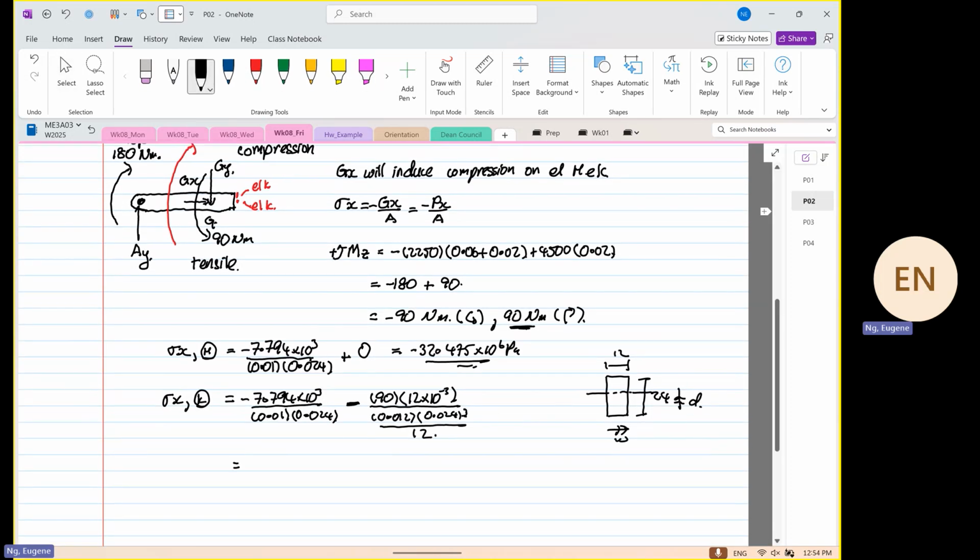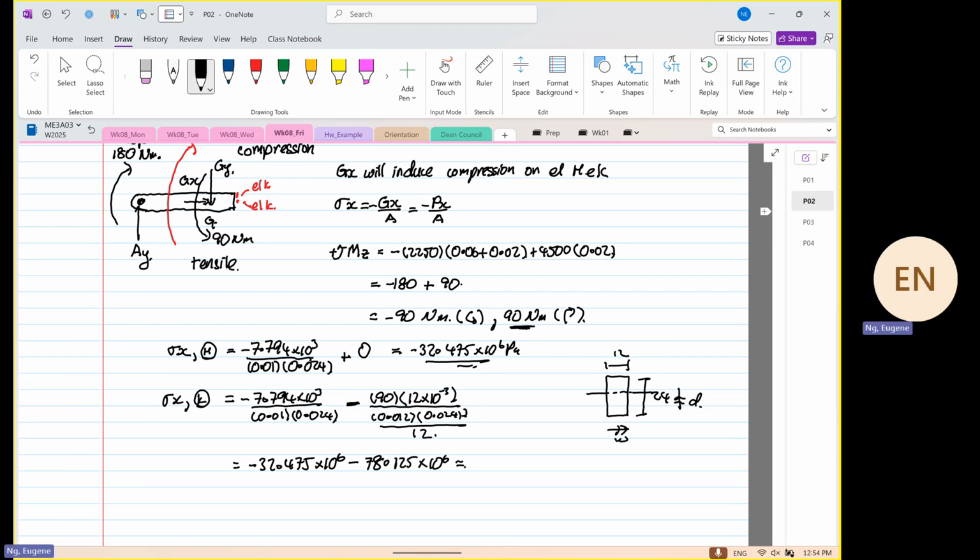So this will be equal to minus 32.475, and then minus 90 times 12 to the power minus 3 divided by that, and we have 78.125 times 10 to the power 6.